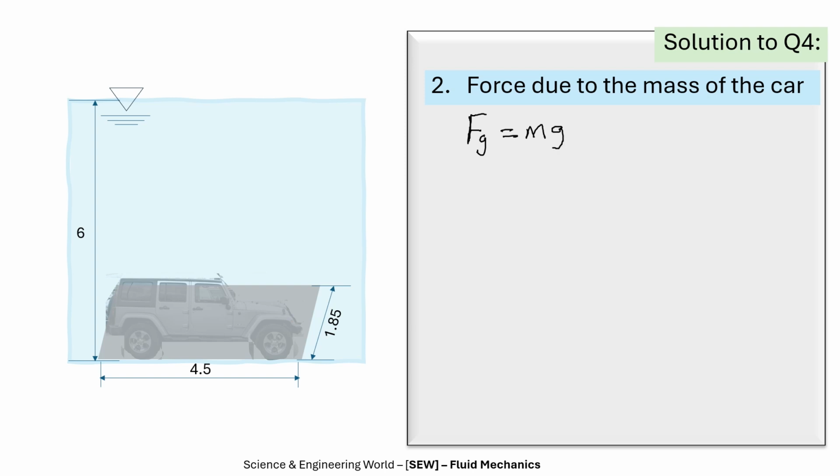So the mass is given as 2,200 kilogram, and the acceleration due to gravity is always taken as 9.81 meter per second squared.